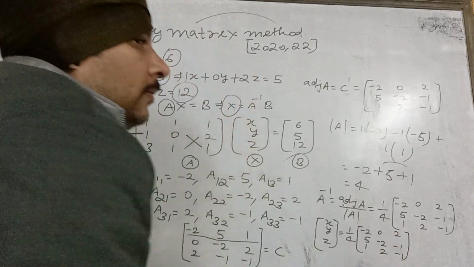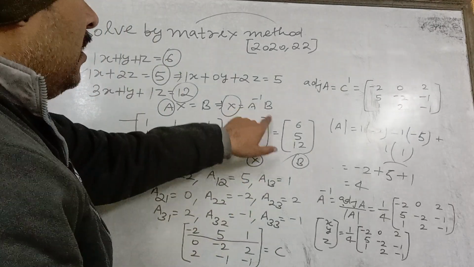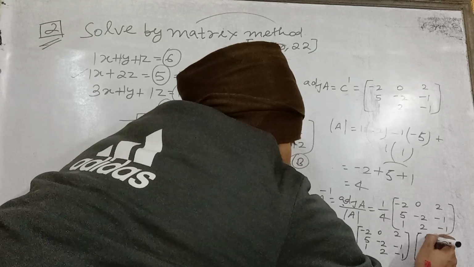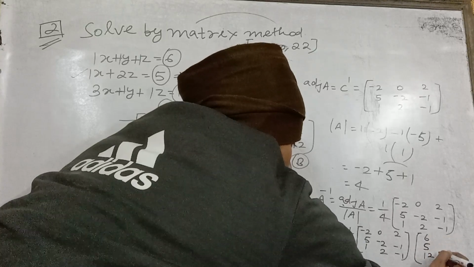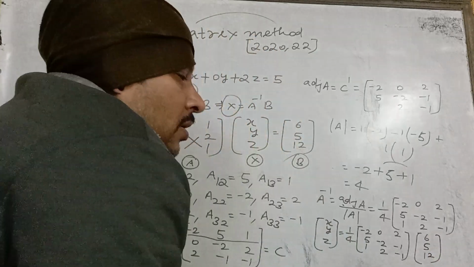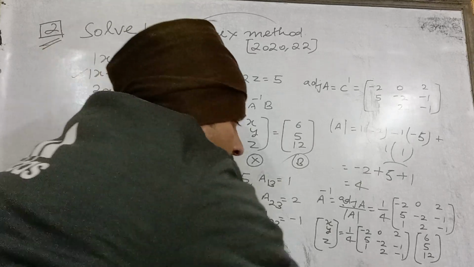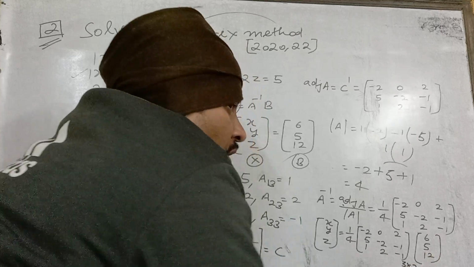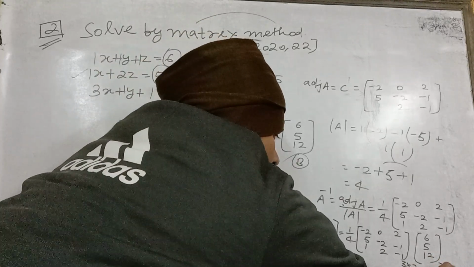Now value of B is 6, 5, and 12. Now solve this because both are matrices, this is a matrix of order 3 by 3, and this is a matrix of order 3 by 1.